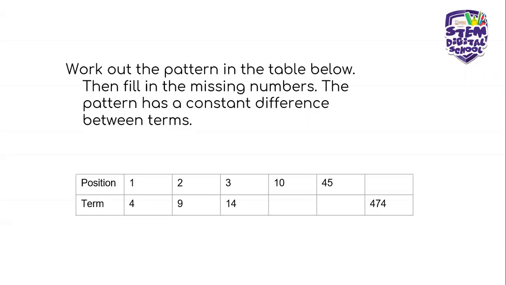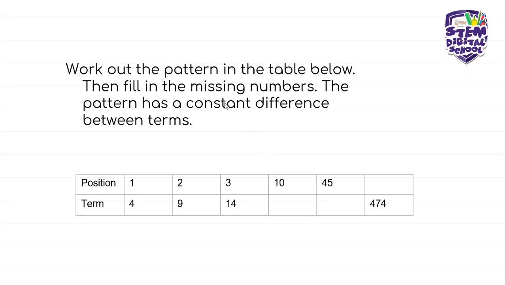So the constant difference is now 5. We need to now use the constant difference to find the missing terms. I've just put it there on the chat group. Take note of the constant difference. We are now going to use it.